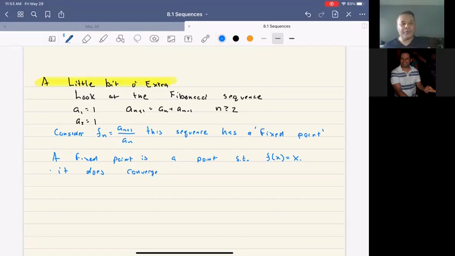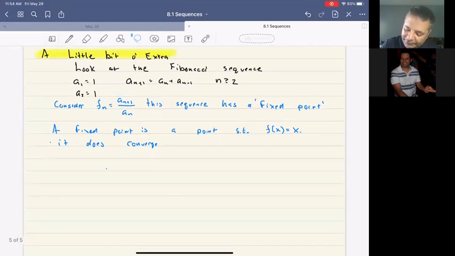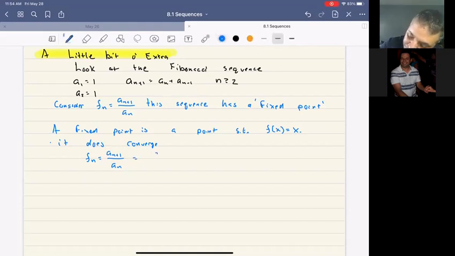Okay, so let's take a look. What we're going to do is rewrite this thing again. Watch, you'll see what I mean by this. a sub n plus 1 equals a sub n plus a sub n minus 1, right? This can be split up into 1 plus a sub n minus 1 over a sub n.